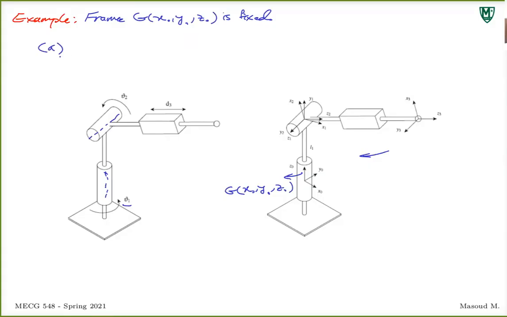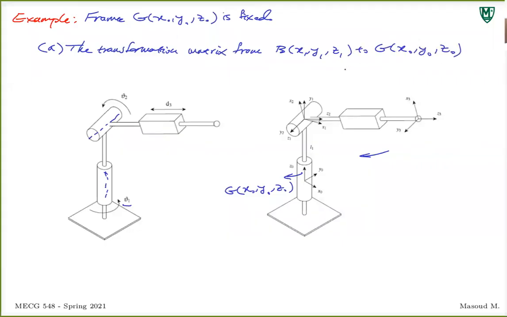So A, we are asked to find the transformation matrix from frame x1, y1, z1 to G x0, y0, z0.